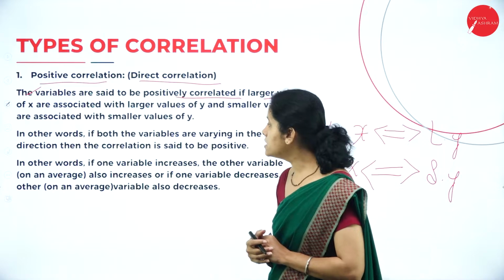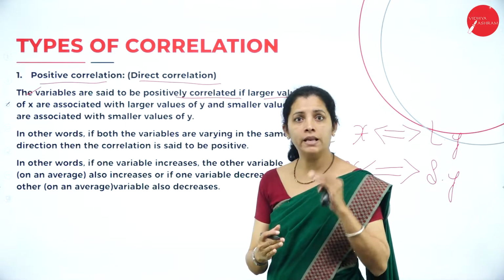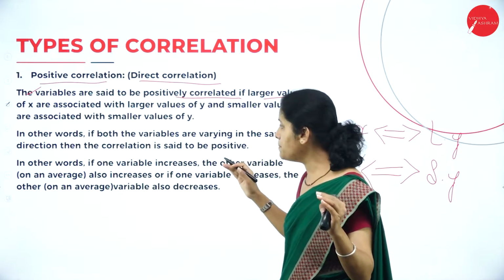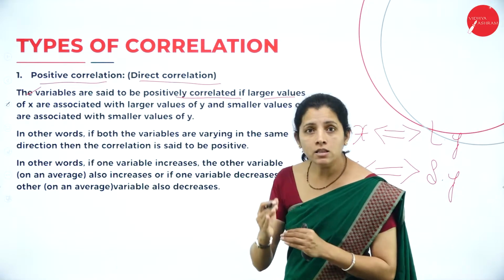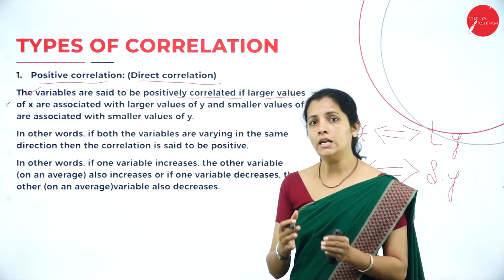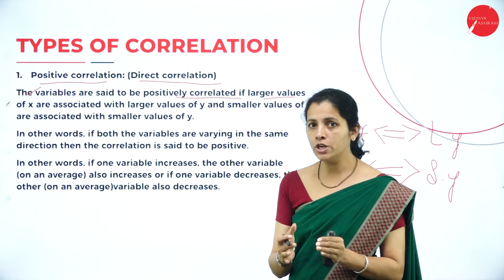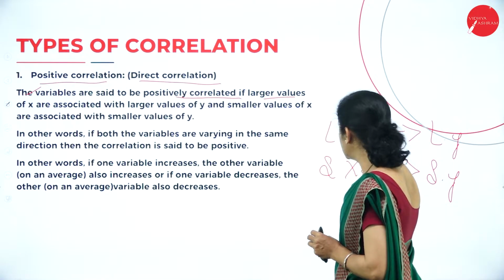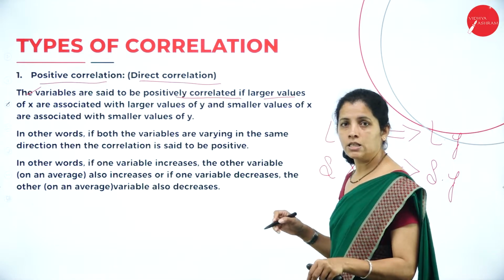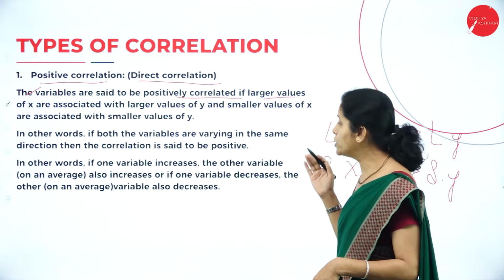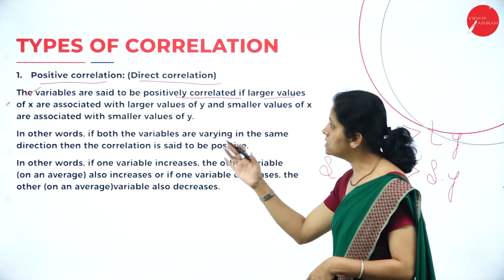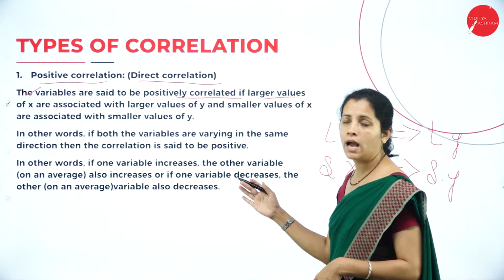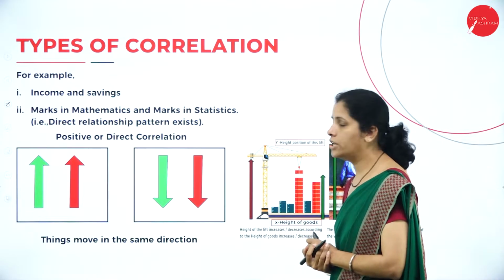In other words, if one variable increases, the other variable also increases. Another situation: if x decreases, then y also decreases, and this kind of relationship is known as direct correlation.